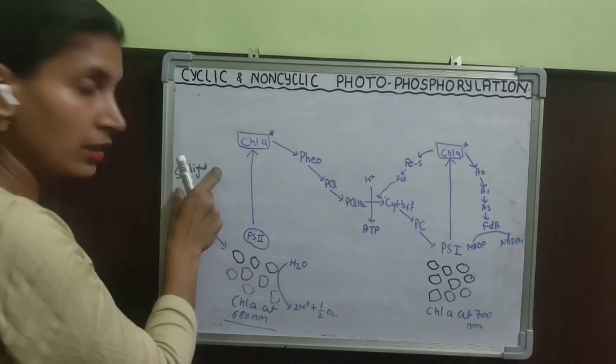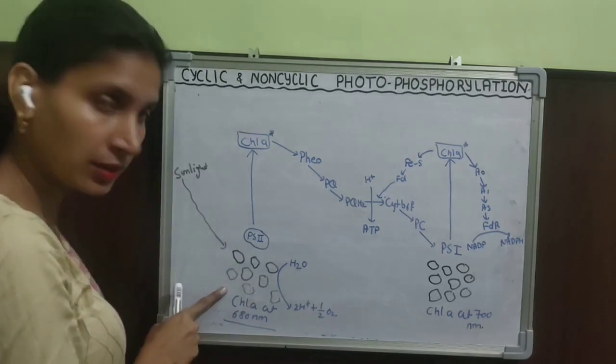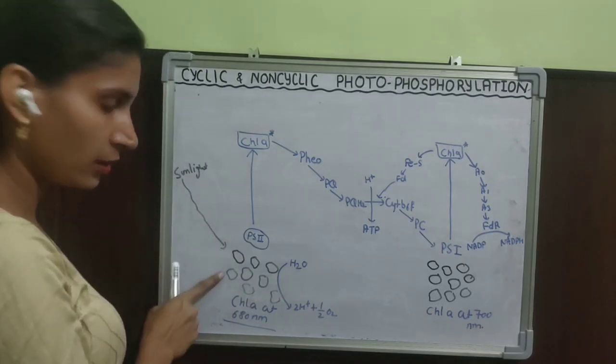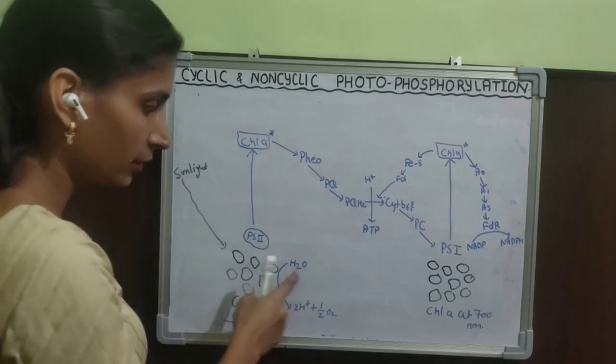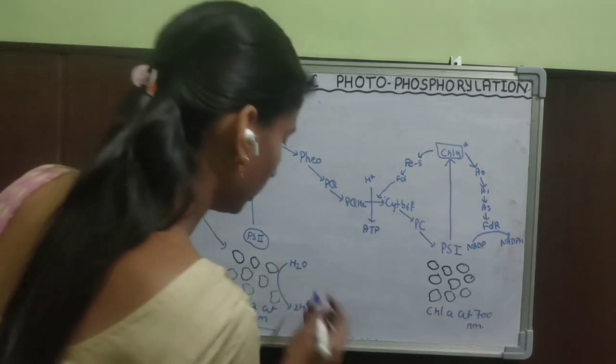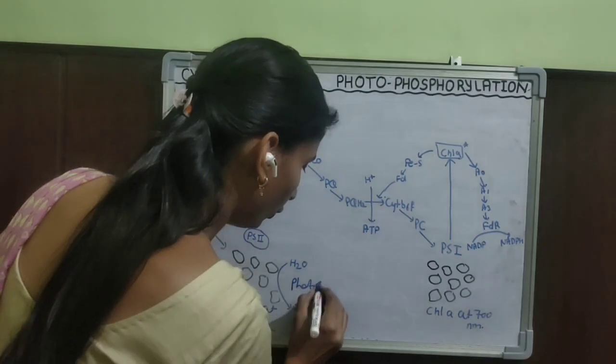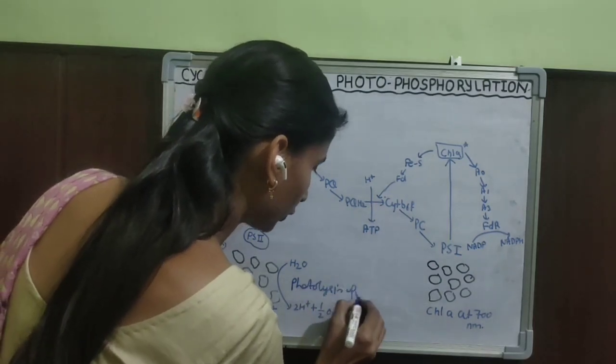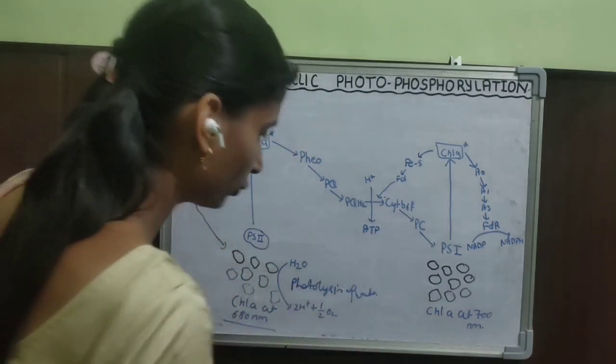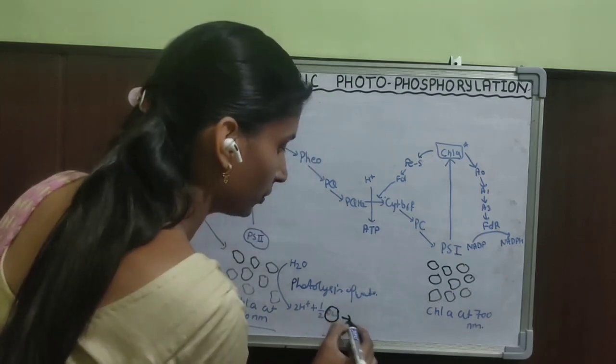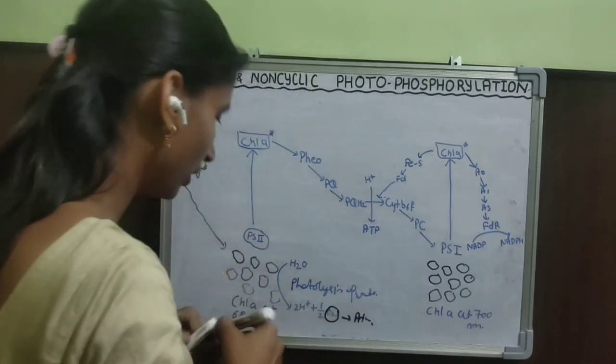The sunlight is trapped by the accessory pigments, and after absorbing this light comes the photolysis of water, where oxygen is liberated into the atmosphere.